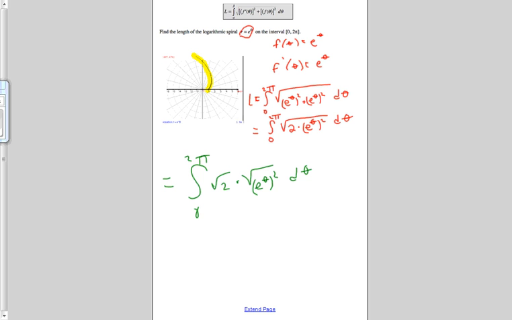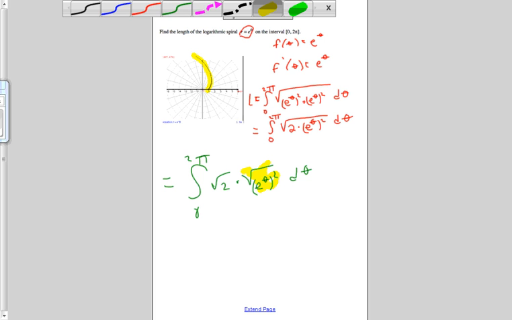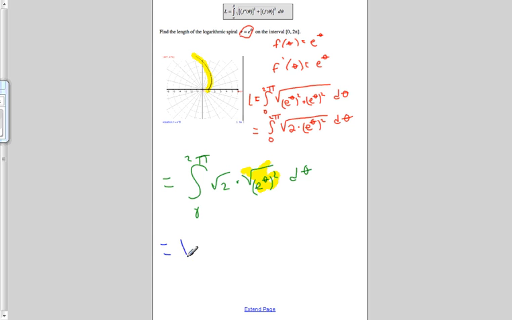And this bit here, because we've got square root and something squared, we could re-express that as pulling the root 2 out in front, the integral from 0 to 2 pi of e to the theta d theta.